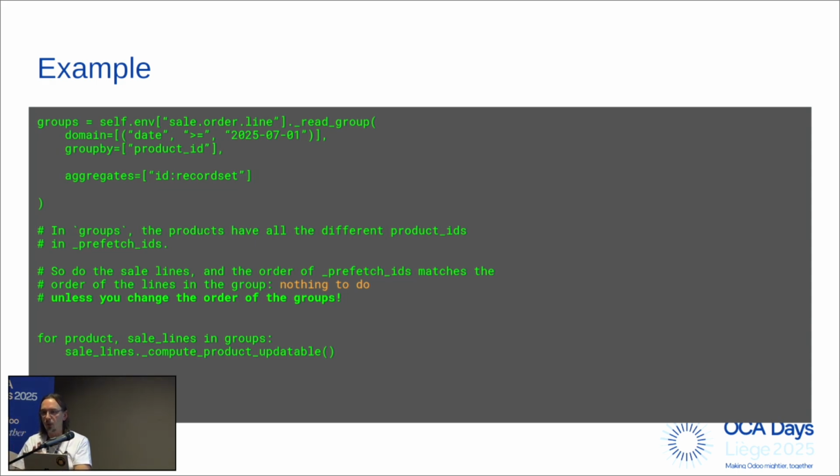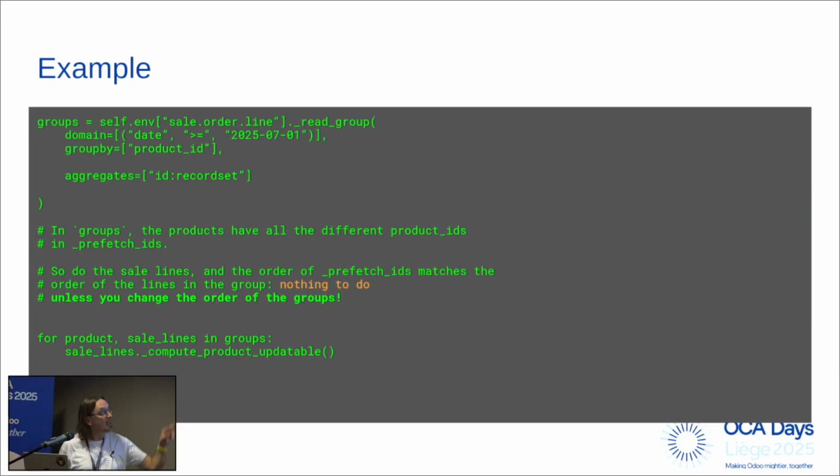Especially the sale line IDs have prefetch IDs, which are the sale line IDs in the order of the groups. So when it preloads my first sale line, it will preload the sale lines of the first group and maybe the second, third group in the correct order, and it won't have to remake the query again.